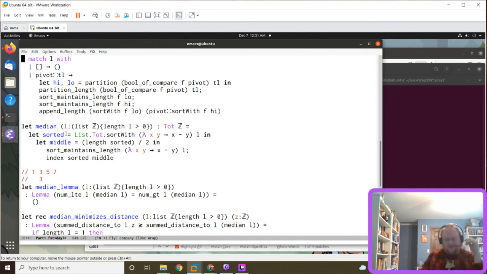Is there another way we could calculate the median that would be easier?